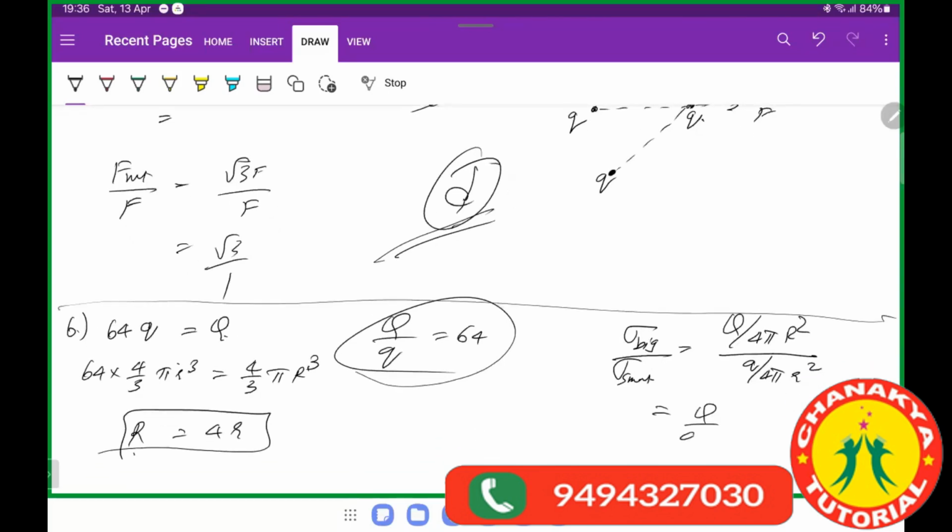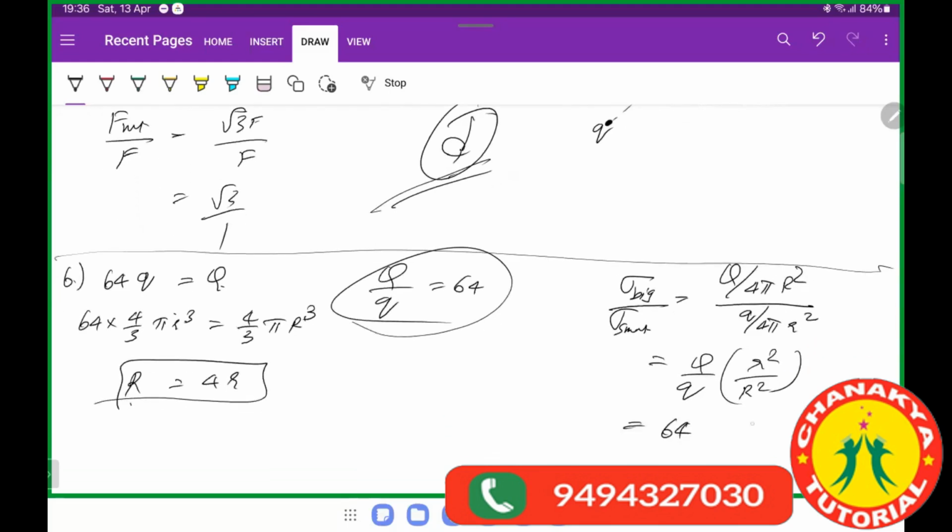So Q by q equals, 4 pi cancelled, 64 into r square by R square. R is 4r, so R square is 16r square, so into 1 by 16. Okay, done. That's it. 64 by 16, the answer will be 4 is to 1. Do we have an option like 4 is to 1? Yes, option number B.